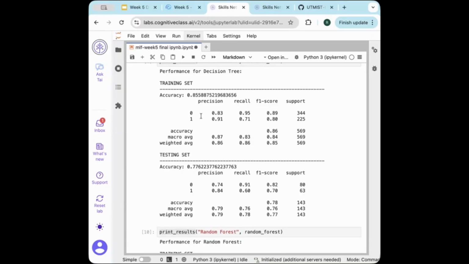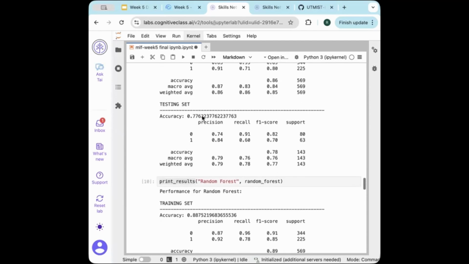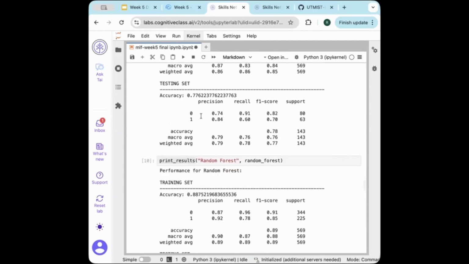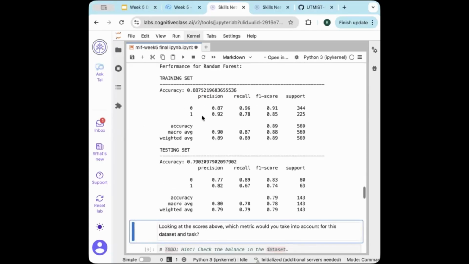We want the testing metrics to be as high as possible, with the training set matching that, but not being extremely well fit. So let's look at random forest now. There isn't too much of a difference, but the testing set has gone up a little bit, by 2% or so. Most importantly, when you look at the F1 score, it performs relatively better.